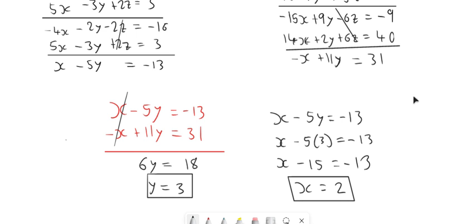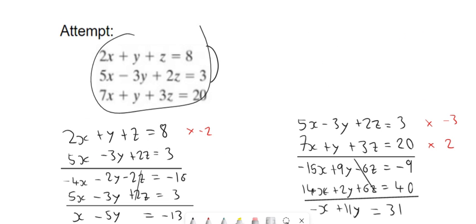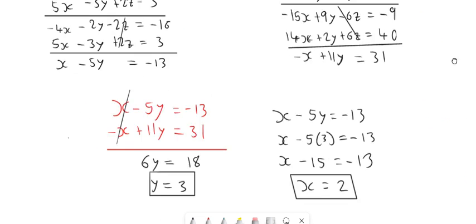I've only got one variable left to figure out. Let's go back up to the top and get an equation with x, y and z. I can take any of the top ones there. I'm just going to take the first one, 2x plus y plus z is equal to 8.